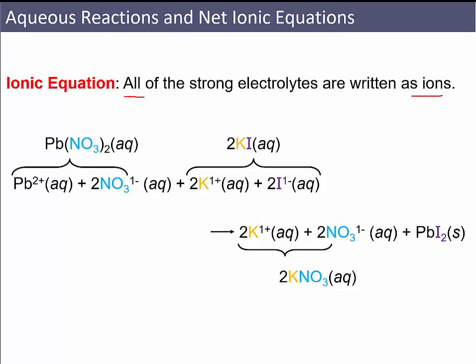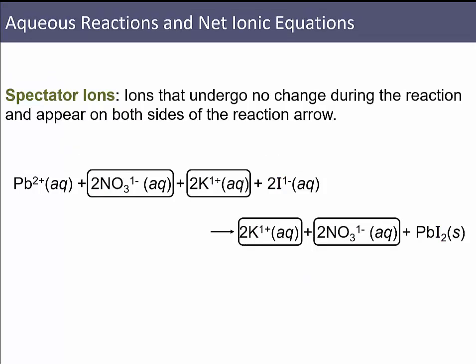And that's going to form 2 K pluses and 2 NO3 minuses. And rather than write that out as KNO3 aqueous, we're going to show that as individual ions. Now our lead iodide, because it is a solid, does not break up into its component ions. So we're going to leave it as is in our ionic equation.